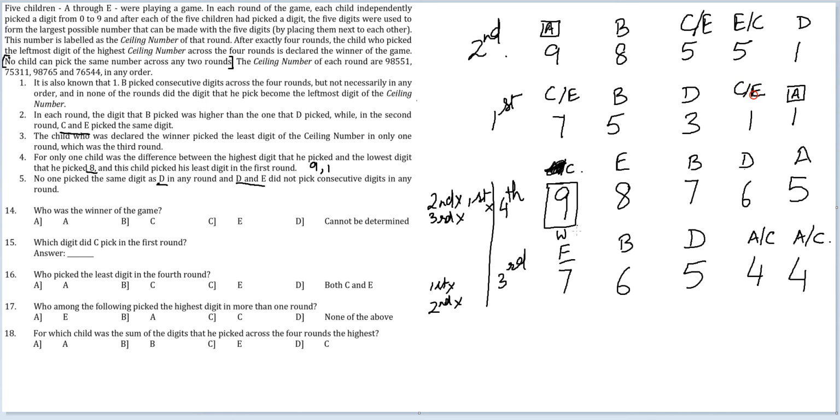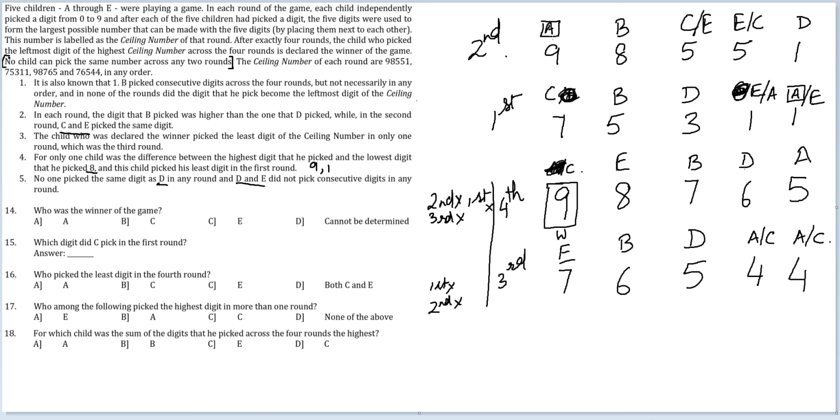C and E are left. E has already got a 7 in round 3, so he cannot get 7 here. This will necessarily be C, and this will necessarily be E.